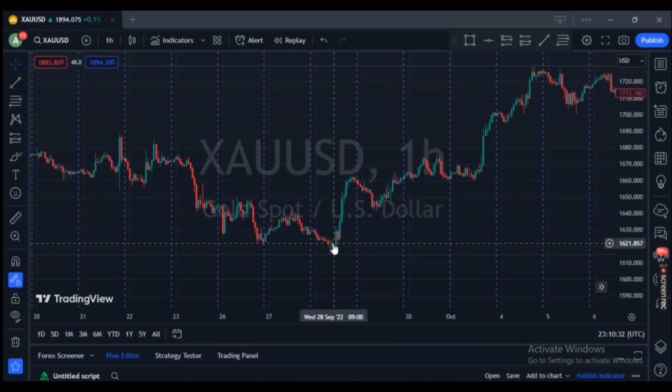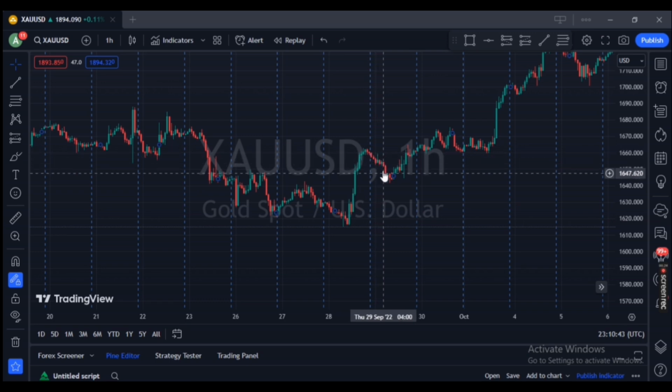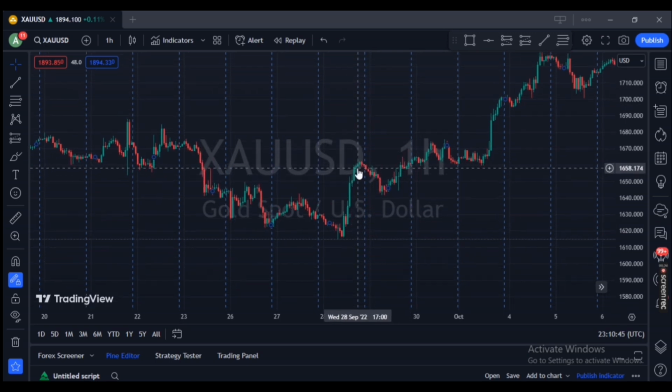From here we see a good push up. After this push up, the market starts dropping here. So here now becomes our resistance.